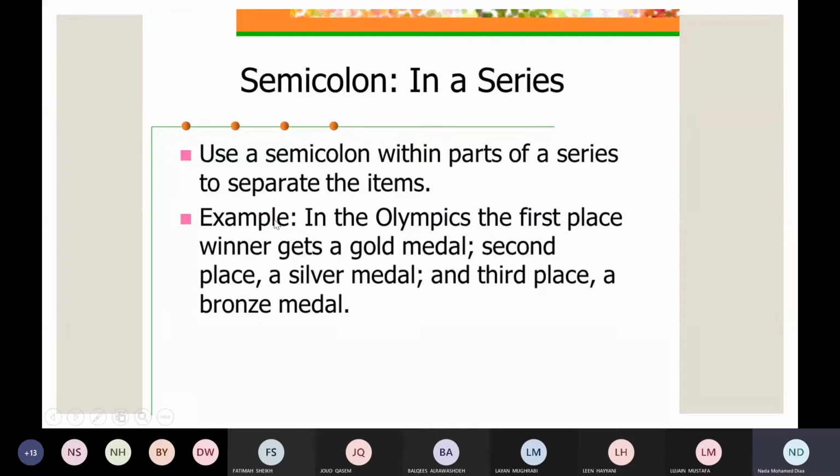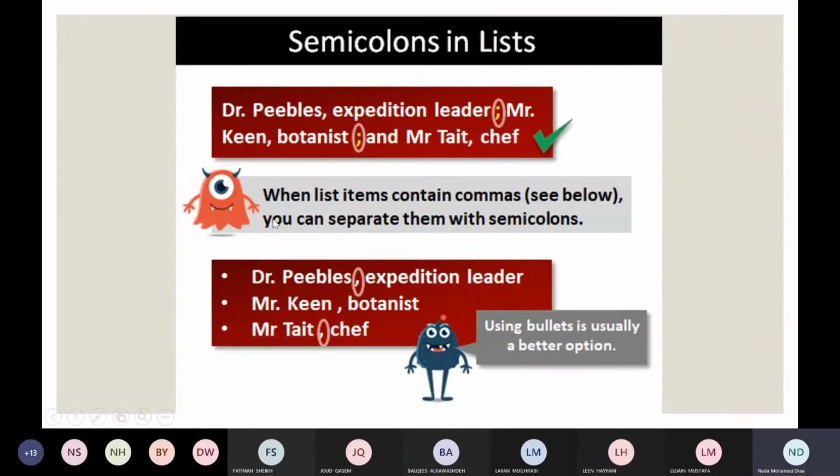Semicolon to separate. Dr. Peoples, comma, expedition leader. I'm modifying it or saying who he is. Semicolon to separate. Mr. Keen, comma, botanist, semicolon, and Mr. Tate, comma, chef. When list items contain commas, you can separate them with semicolons.